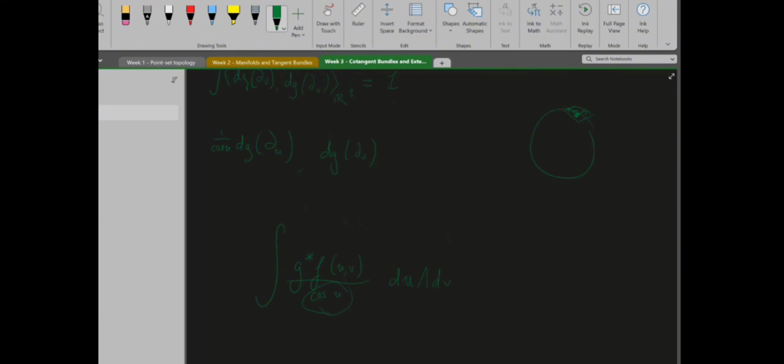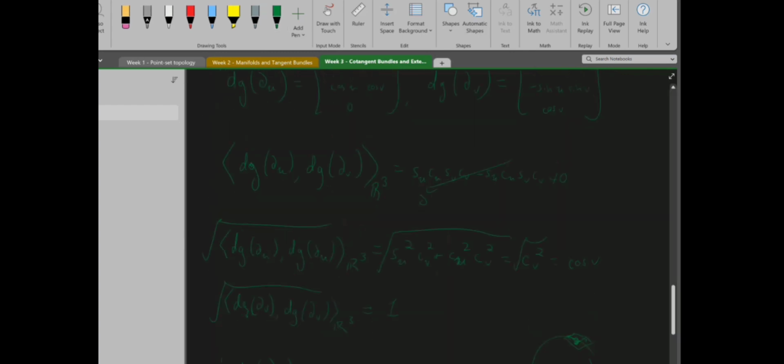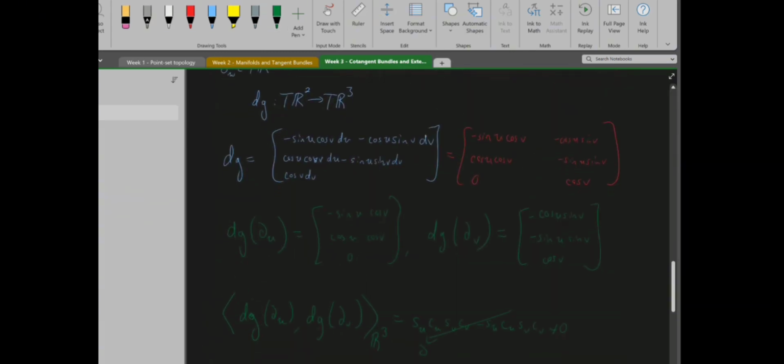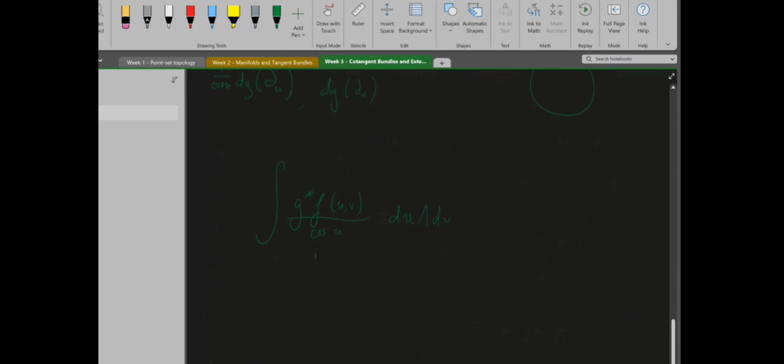Seems like this fixes it. And then you just integrate, both of them should go from 0 to 2 pi. Yes. So if you want to make this be classical, it should be like this.